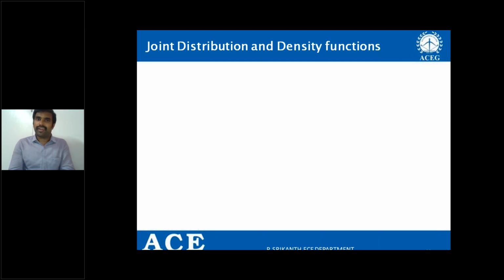So that is about the joint probability distribution, right? So here, whenever I have a number of events, that is, one event is selecting a male candidate or female candidate, and selecting a movie like Game of Thrones or Westworld is another event, right? So like that, if I have more events considered, I can define the joint probabilities, and the distribution of those joint probabilities will give the joint distribution function.